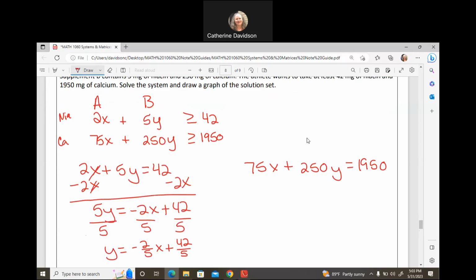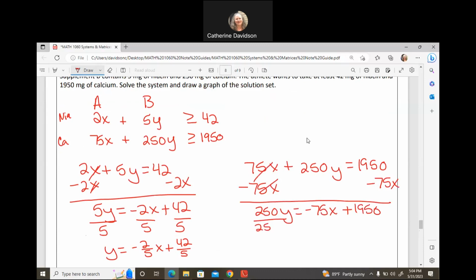We're going to move the x term, and then divide out the 250. It's going to be 3 over 10. And 1950 divided by 250.